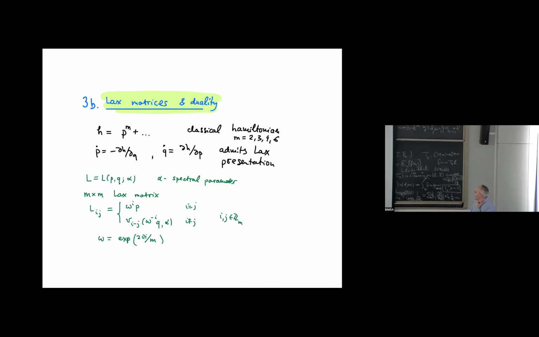Remember, m is 2, 3, 4, and 6. For m equals 2 it is 2 by 2, but it looks a bit complicated in general. So the structure is as follows: along the diagonal you have momentum with some roots of unity, and away from the diagonal you have some complicated elliptic functions. I will show them on the next slide, but you don't have to read it.